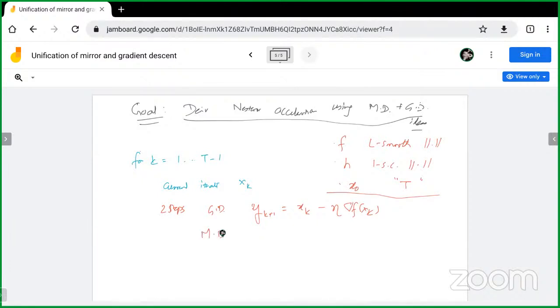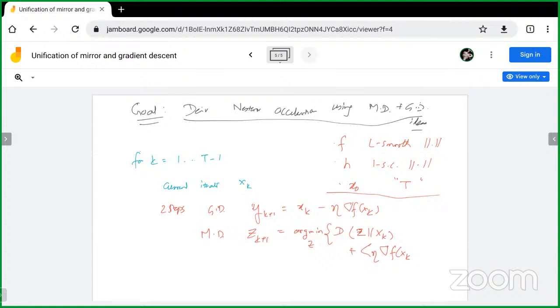So zk plus 1 is the arg min of the Bregman divergence of z with respect to the current point, plus my product with eta times the gradient. Okay, I should also write xk plus 1 first.